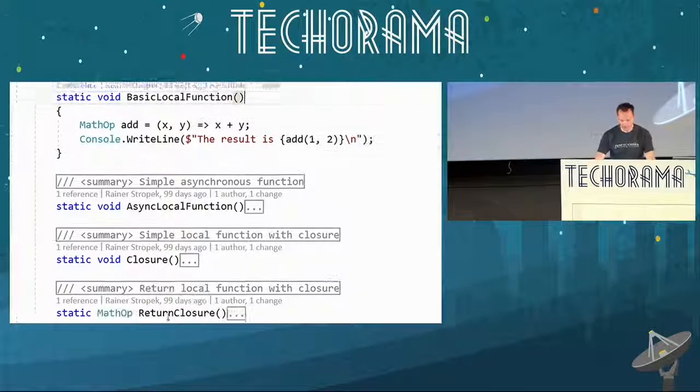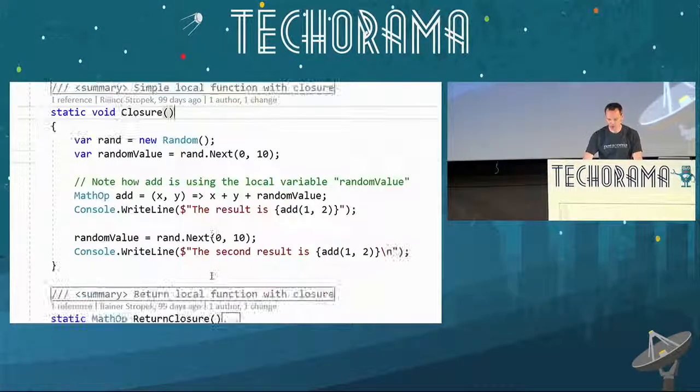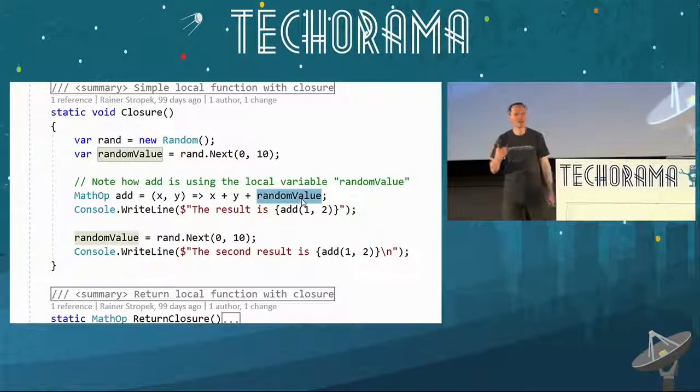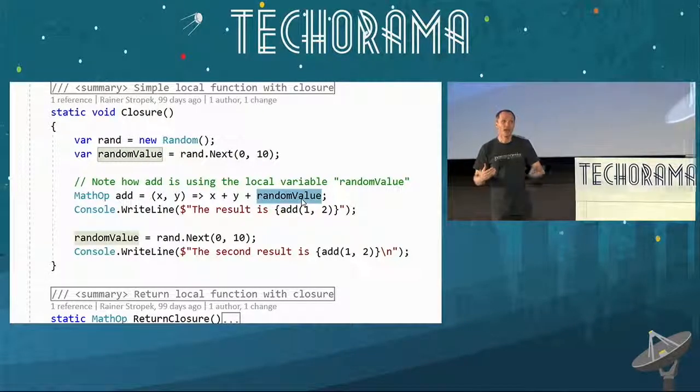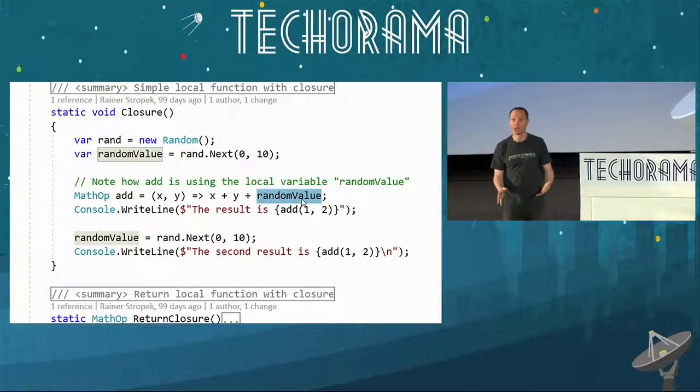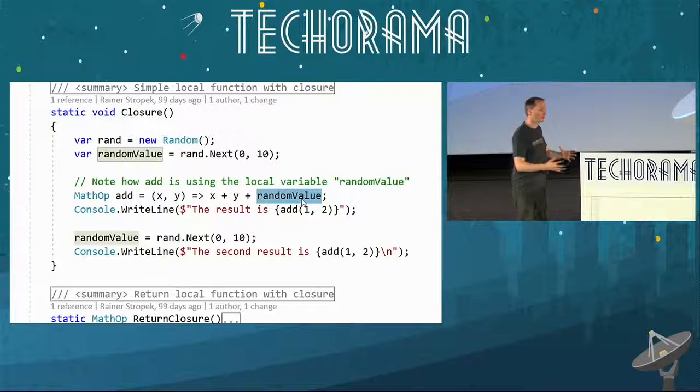We see that here with the closure example. You see, here we have a local variable called random value, and we are using this variable random value inside of this other add implementation. So imagine you have a lot of this state. You don't want to pass it around. You just want to use it inside of your local function.